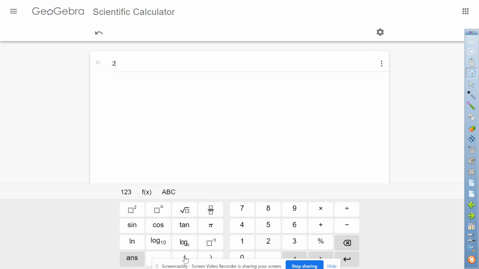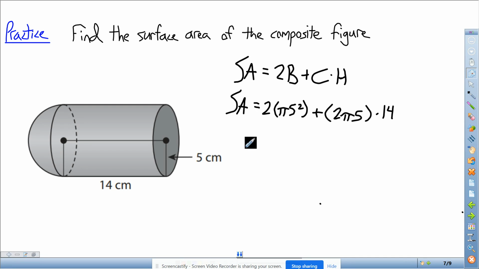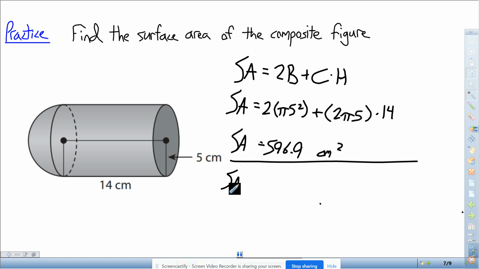So 2 times pi 5 squared plus circumference 2 pi 5, times the height of the entire thing, which is 14. I'm getting 596.9 centimeters squared.